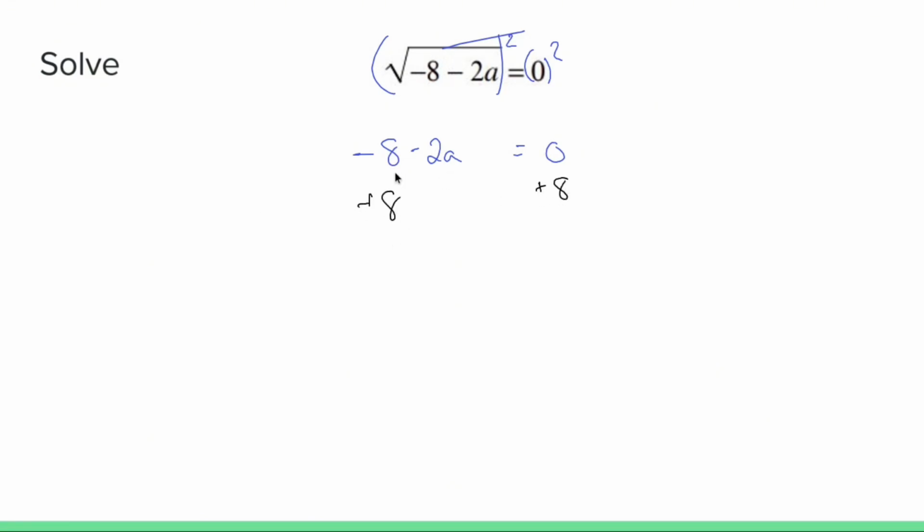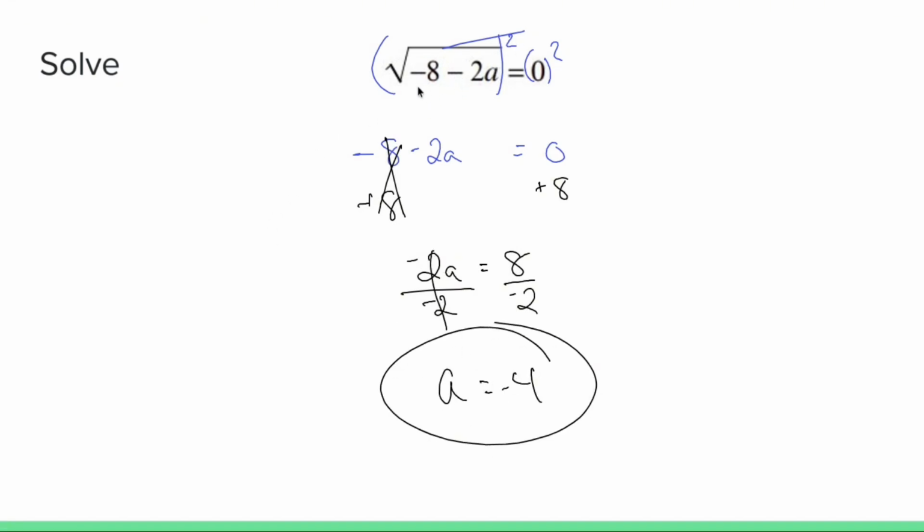Negative 2a equals 8. Divide both sides by negative 2. A equals negative 4. Now we go up here, we make sure it works. Negative 2 times negative 4 is positive 8, so negative 8 plus 8 is 0, and the square root of 0 is 0. Everything checks out.